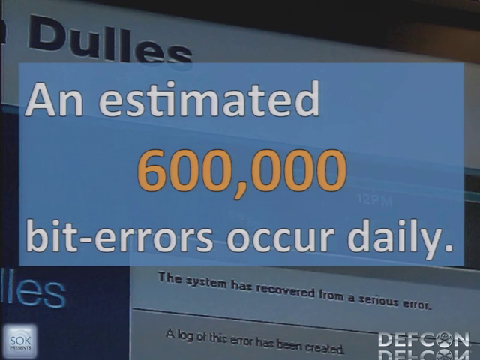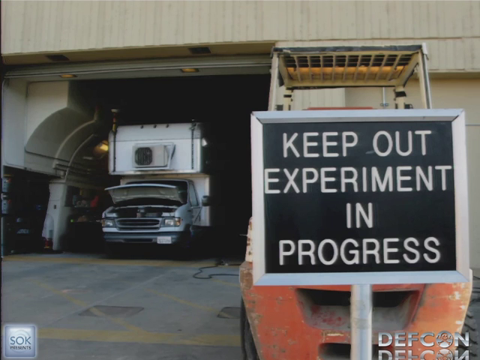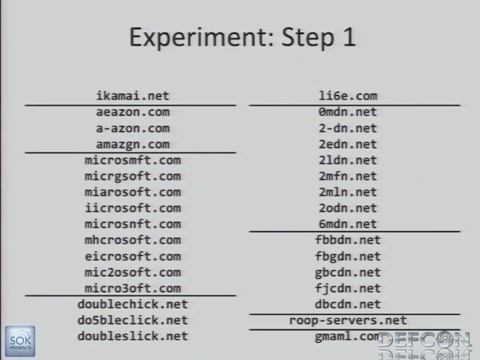Now, how many of those errors actually happen somewhere that is interesting? Well, I set up an experiment to find out. And this experiment is in 3 parts. Part 1, register domain names. This list includes actual domain names that I registered. They are 1 bit away from certain very popular domain names.